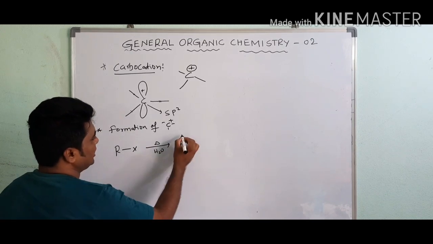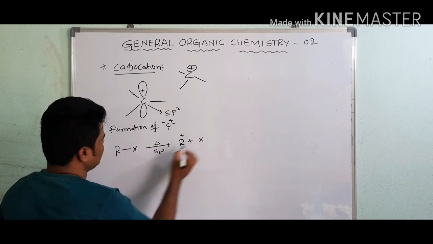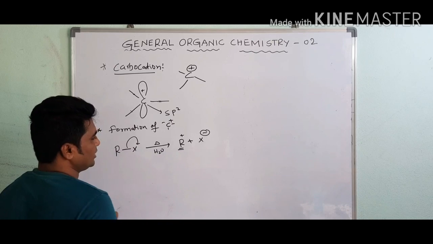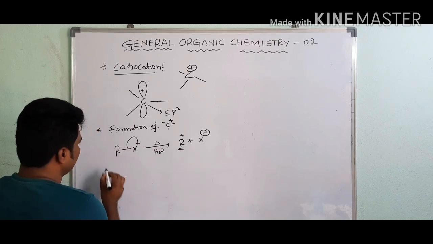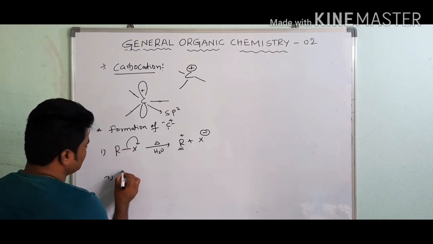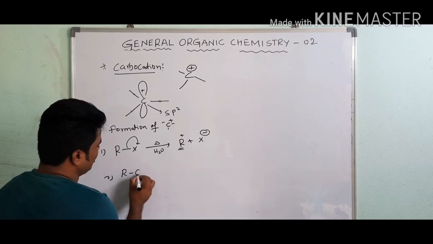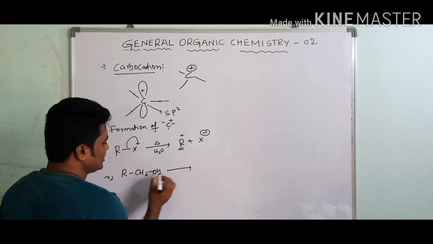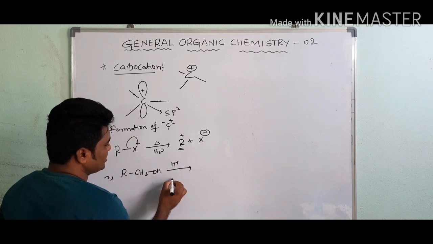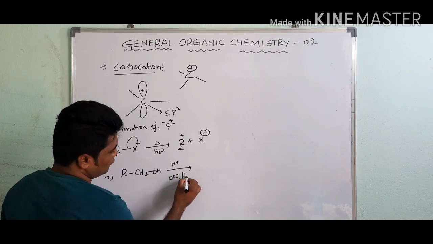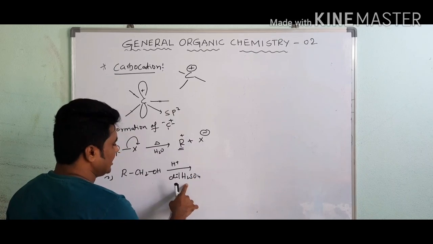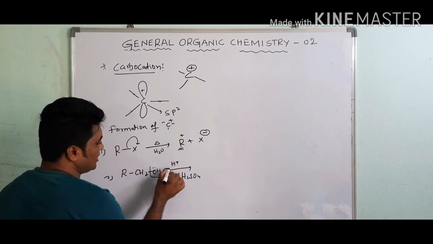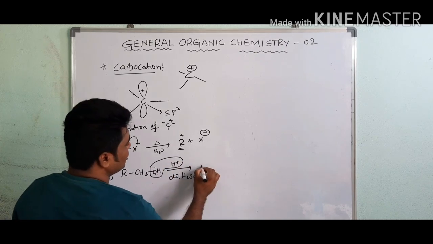X is more electronegative, so X minus will take the electron, and you get the carbocation. Second, you can also get the carbocation from alcohol. If you treat this alcohol with H plus, for example in presence of dilute H2SO4, which is an acid that gives H plus ion, this OH combines with this H and removal of a water molecule takes place.